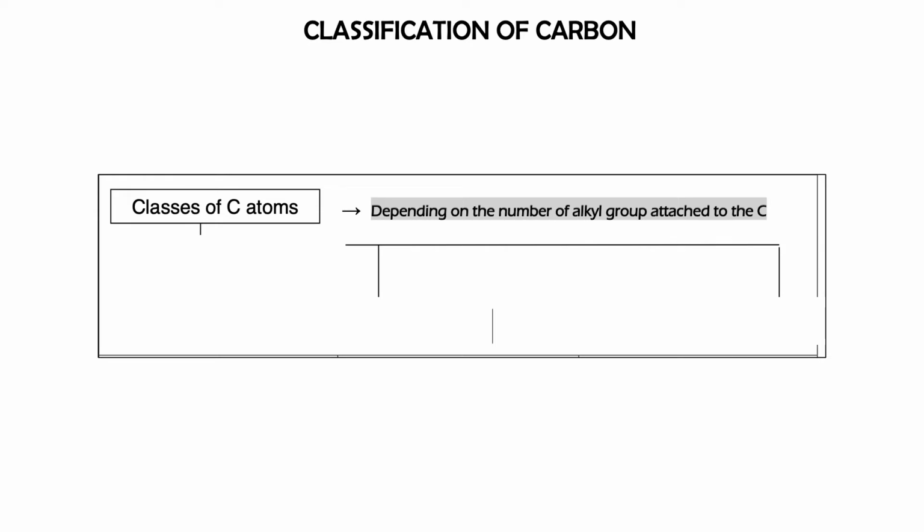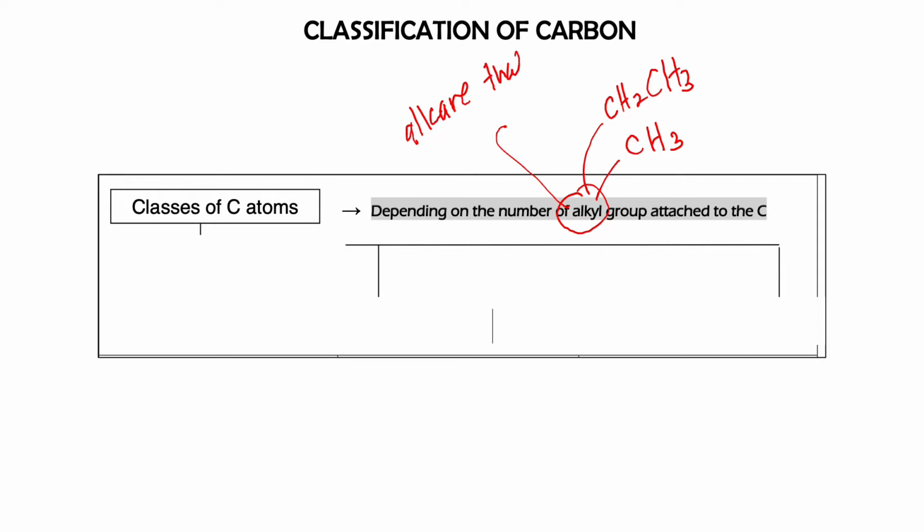Usually when we say alkyl group, it is something like CH3, CH2, CH3, or I can say alkane that becomes the substituent. Okay, this is alkyl. Sekejap, Madam tulis, alkane that become substituent.